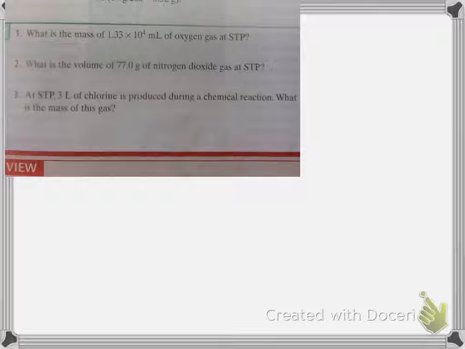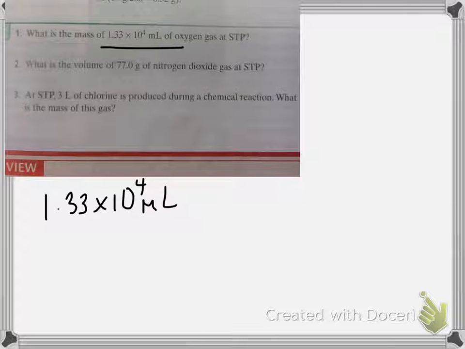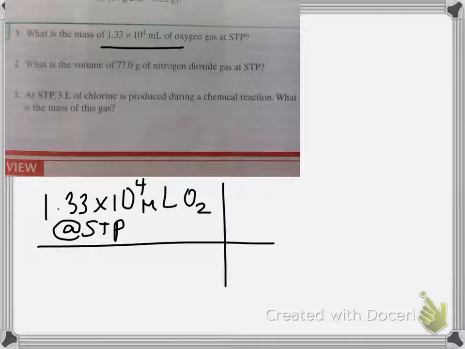What do we start with? We're doing a factor label. Given, always. So our given is 1.33 times 10 to the 4th milliliters of O2. And this is where I always write, so that I don't screw this up, I write that right in my factor label at STP, because that tells me I'm looking at a molar gas volume problem.